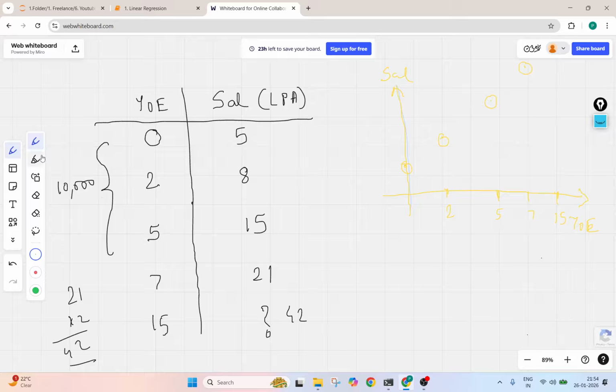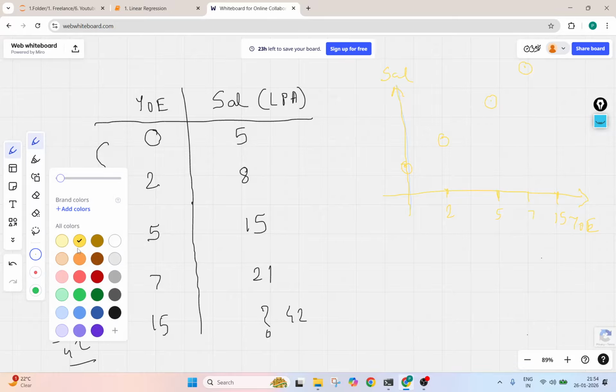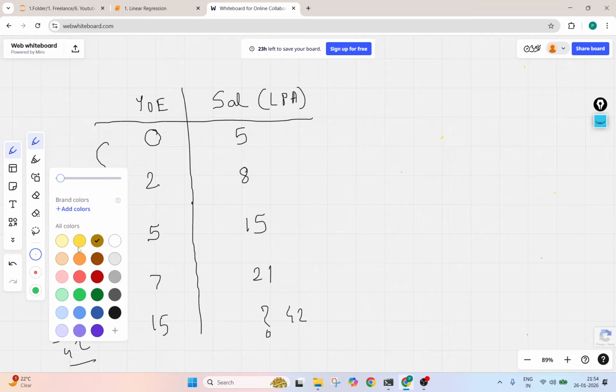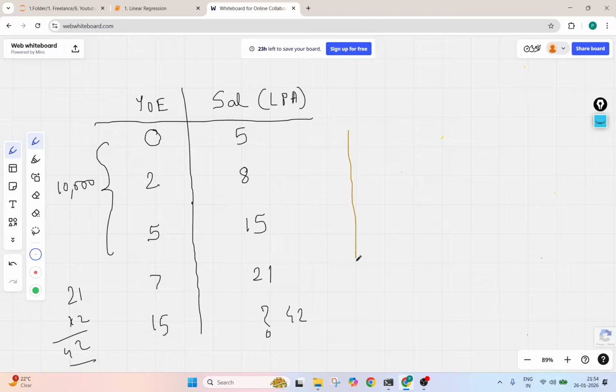Now we know how the graph looks. Can I not join these points and maybe extrapolate the line? The graph was not very good, so let me erase this and create another graph. What I tried to tell you is, let's say there are some random points.